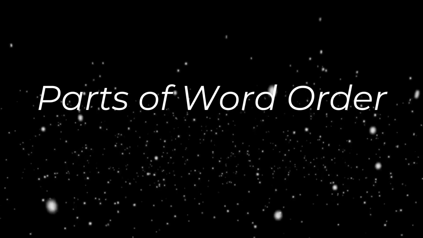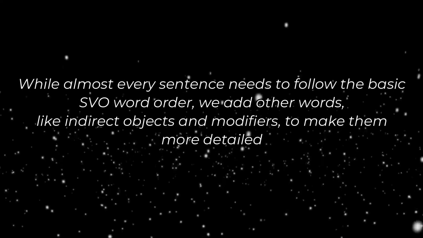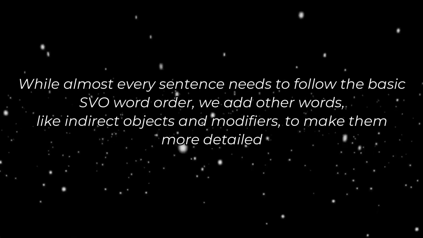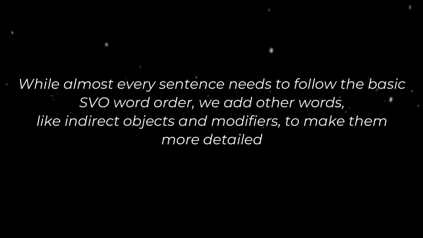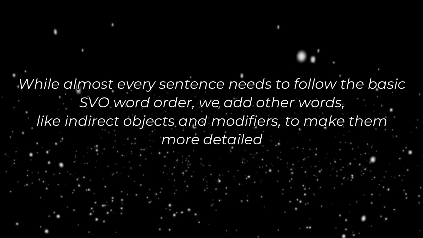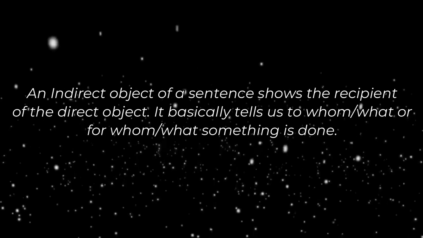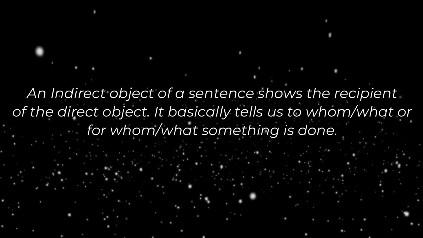Moving on to parts of word order. While almost every sentence needs to follow the basic SVO word order, we add other words like indirect objects and modifiers to make them more detailed. An indirect object of a sentence shows the recipient of the direct object.